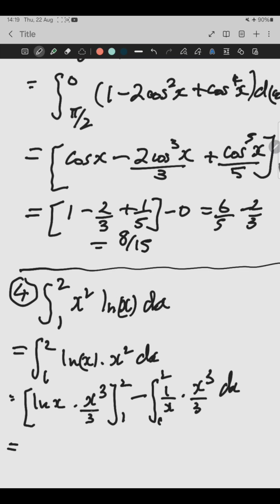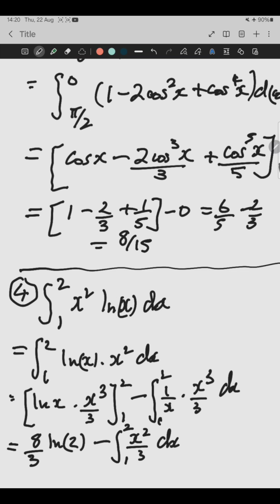Evaluating the first part, that will simply be 8 over 3 log n of 2, because remember log n of 1 is 0, and then minus, simplifying that becomes x squared over 3, limits 2 and 1 dx.